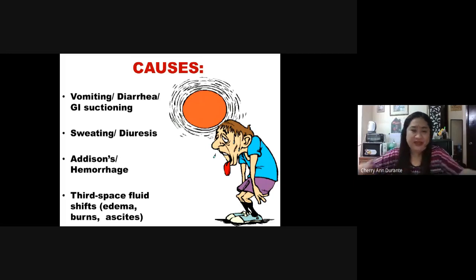So, hindi pa. Remember earlier on, nabanggit natin, kung naalala niyo yung RAAS, nabanggit ko sa inyo yung adrenal gland. So yung adrenal gland mo, yan yung affected if you have Addison's disease. So Addison's disease is usually the atrophy of the adrenal gland.